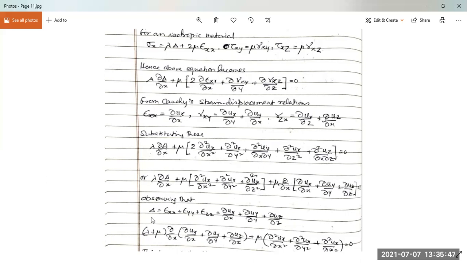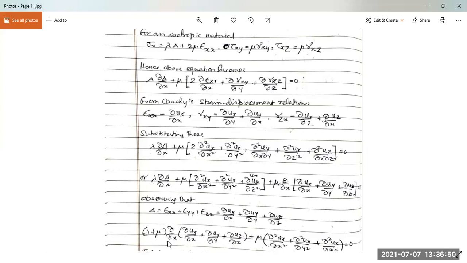Δ is the cubical dilation, the first invariant of strain, just as the first invariant of stress is σ1 plus σ2 plus σ3, and the first invariant of strain is ε_xx plus ε_yy plus ε_zz. So it becomes Δ equal to ∂u_x/∂x plus ∂u_y/∂y plus ∂u_z/∂z, where we put the values of ε_xx, ε_yy and ε_zz. If we put the value of Δ here, this term remains the same, multiplied by μ, and this is multiplied by λ.